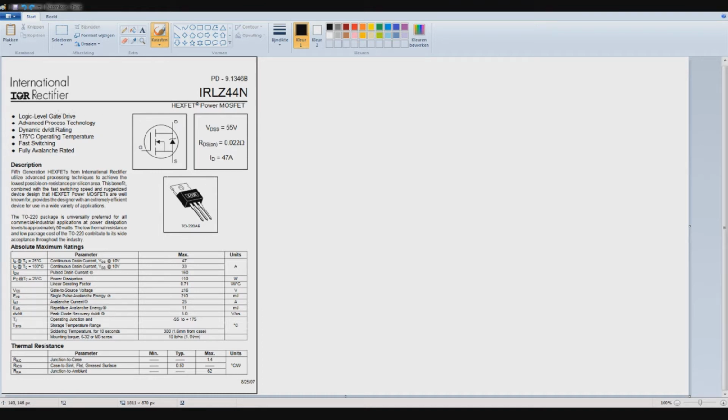On the left hand side we can see logic level gate drive. What that means is logic levels are just one. If we draw the PWM signal, this is time, this is voltage.